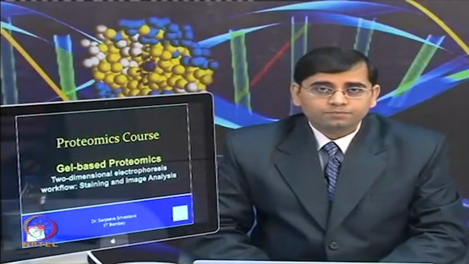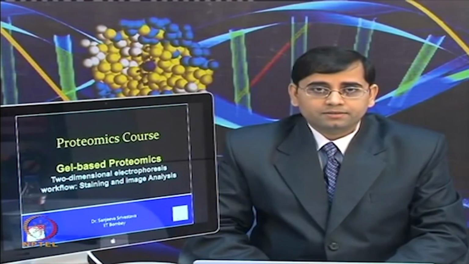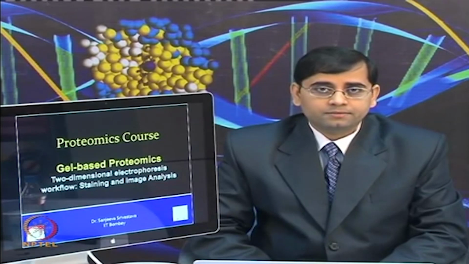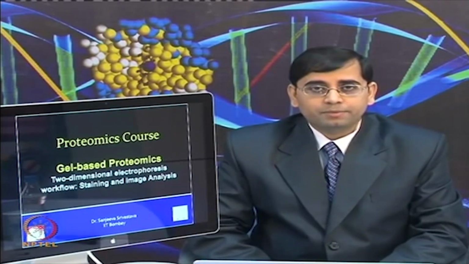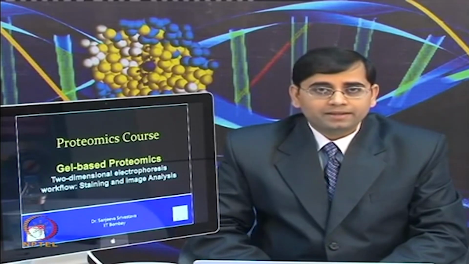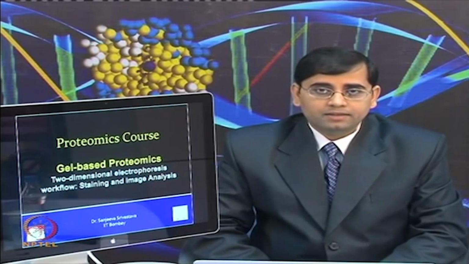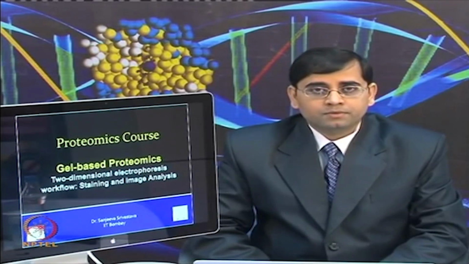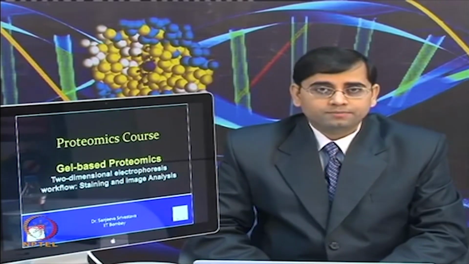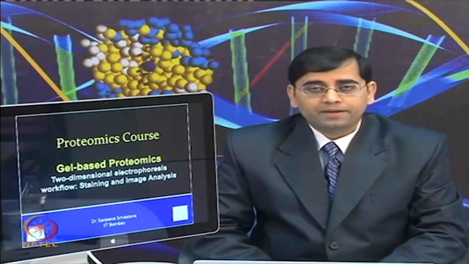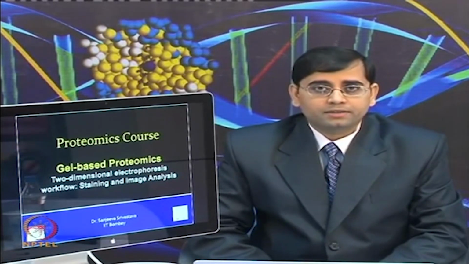I gave you a stepwise method in which the first step was to do the isoelectric focusing, second step equilibrating the immobilized pH gradient strip to make it compatible for the second dimension separation in SDS PAGE. Third step was SDS PAGE to separate proteins by molecular weight.